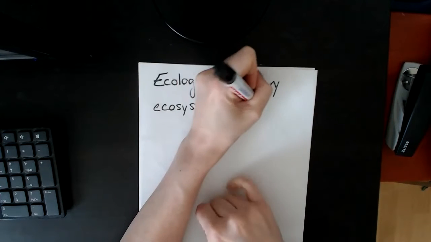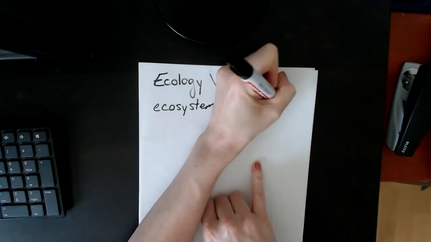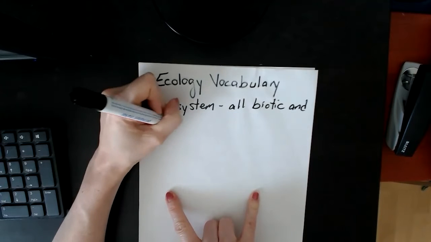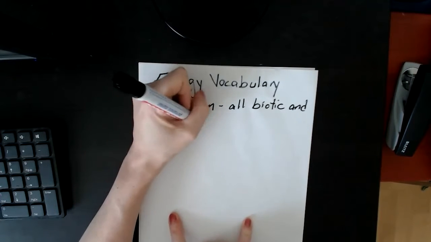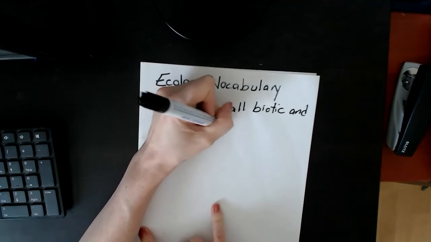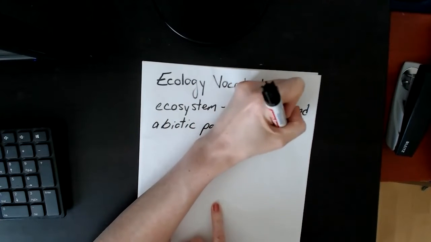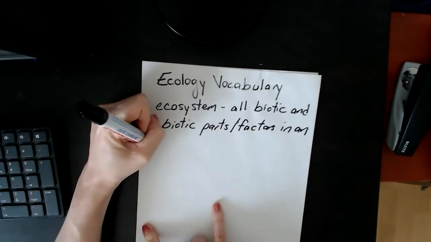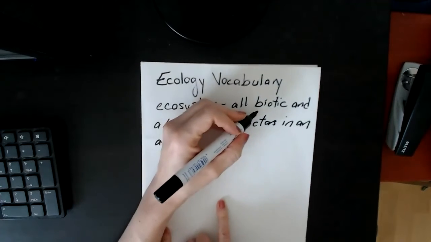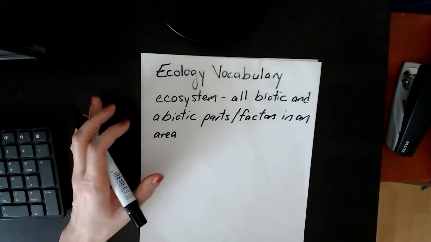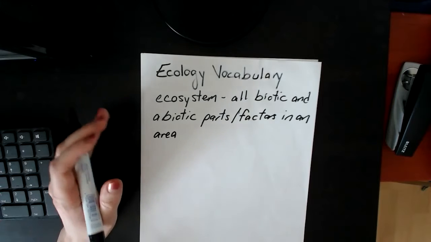So all biotic and abiotic parts or factors in an area. So biotic factors means all of the plants and all the animals, so all the flora and fauna, that live in an area.